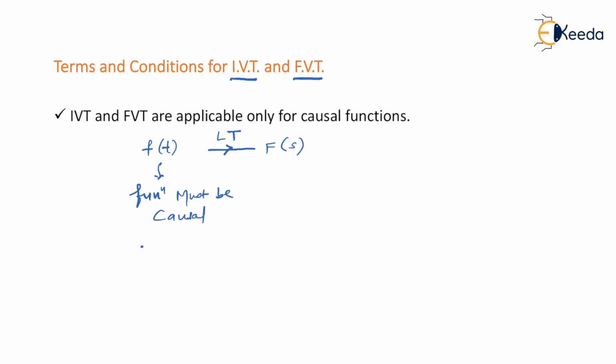A causal function is a function which is 0 for t less than 0. This is also called a right-handed function. Only if your f(t), the given function, is causal are the initial value theorem and final value theorem applicable. For non-causal and anti-causal systems, the initial value theorem and final value theorem formulas cannot be imposed.